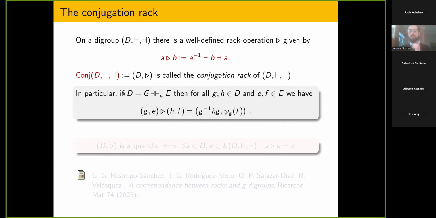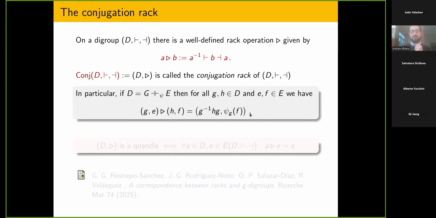Now, we know that all digroups can be, up to isomorphism, thought of as semidirect products in this way, with respect to some right action of the groupal component on the idempotent component.